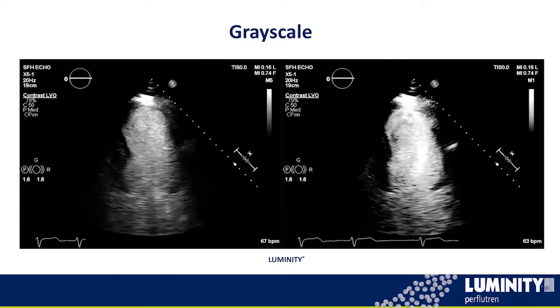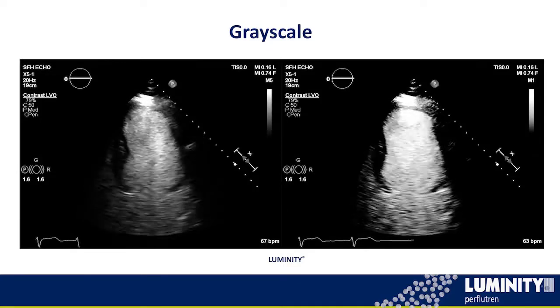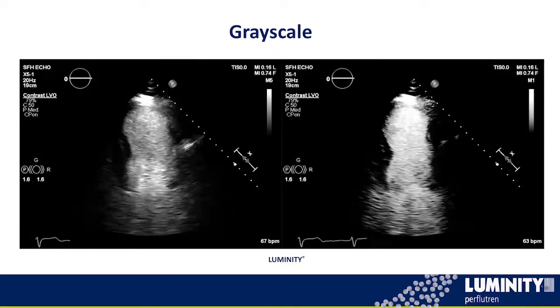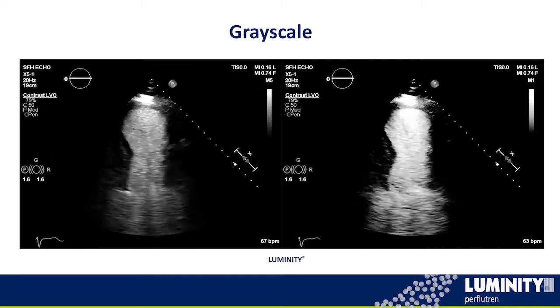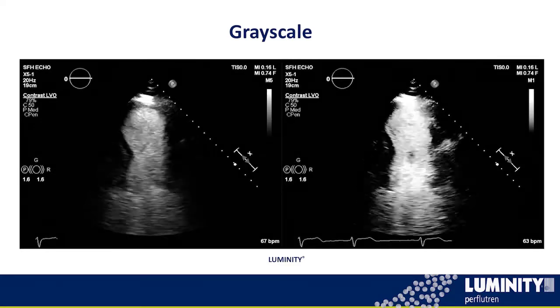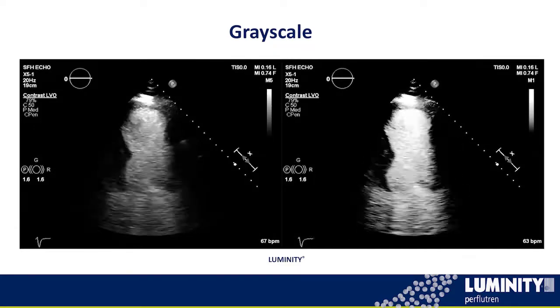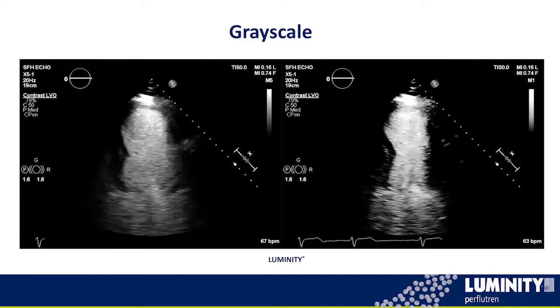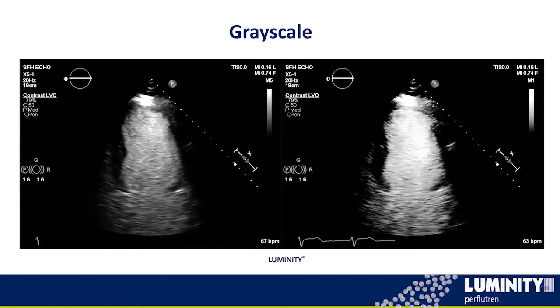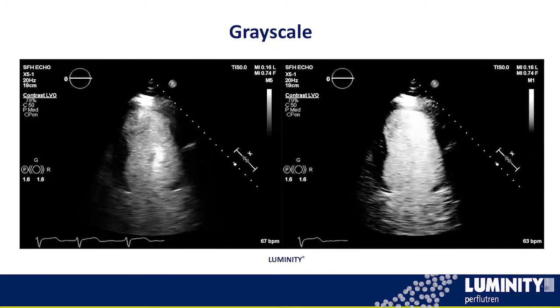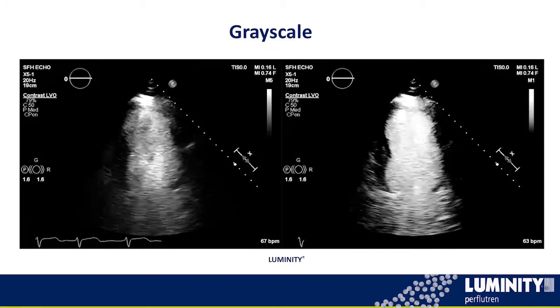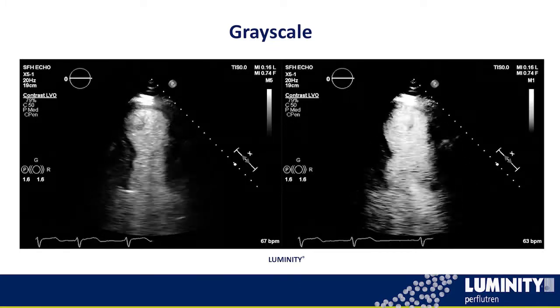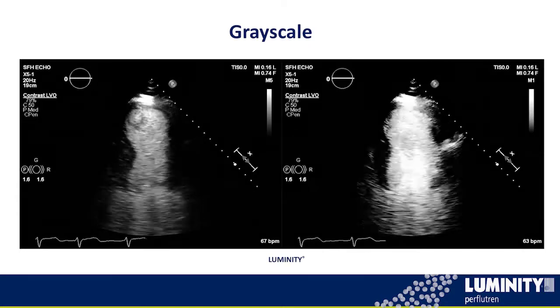So this image from the left-hand side, we can see there's a little bit more of a transition from the whites into a gray, into a black. The image on the right, we can see that there's much brighter whites and there's less of a transition into black. So sometimes this can be helpful. There's a post-processing control that is just making the whites brighter to bring out the volumes a little bit more.